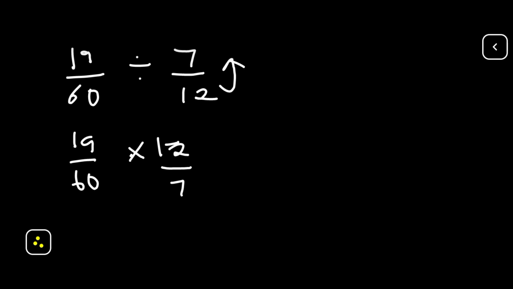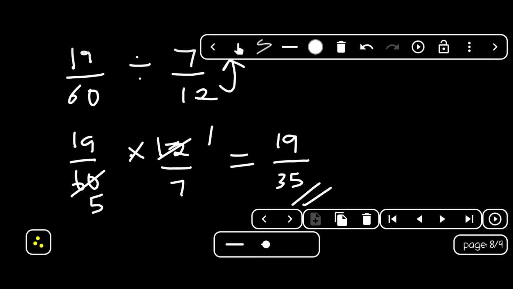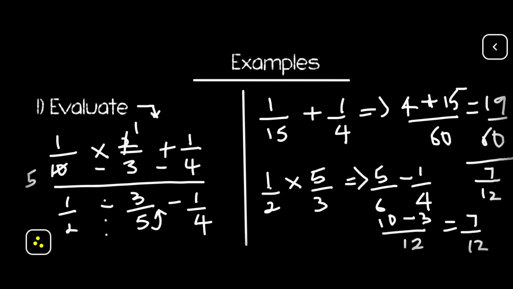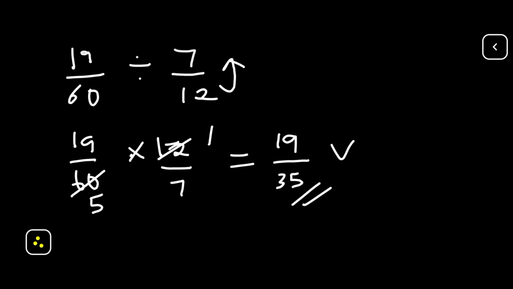At this point there's something to cancel out because 12 can go into 60. So 12 here is 1, 12 here is 5. And so we have 19 times 1, 19, 5 times 7, 35. And that is our answer. So you see the point of working one step at a time. We started with the top, went to the bottom, and we arrived at this answer.